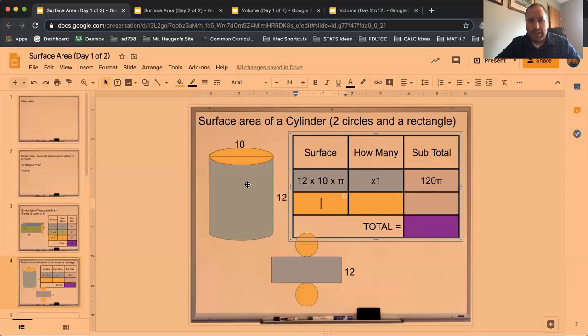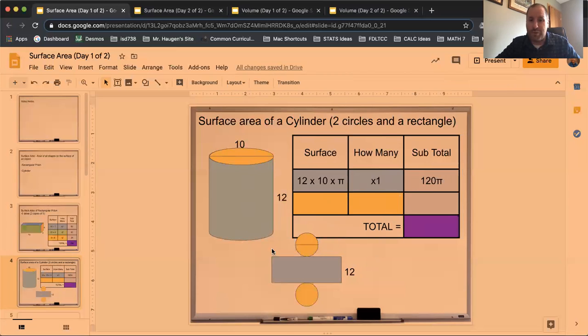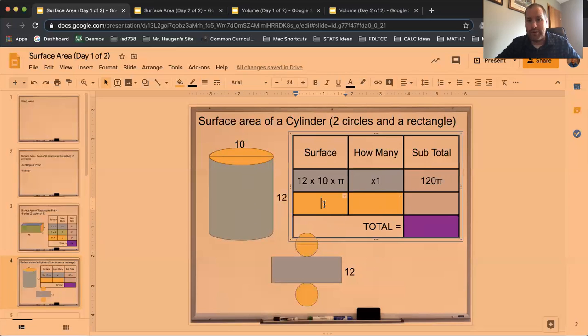And then the surface, remember there are these two circles, one on top and one on bottom. So I'm going to figure out one of those. Now we have to switch gears a little bit. The area of a circle is pi times the radius squared. So the radius here is actually 5. I do have to be a little bit careful. It is not 10. So here it's got to be 5 times 5 times pi, and there are 2 of those. So in this case, again, you could multiply all that stuff together. You could put it in decimal form.